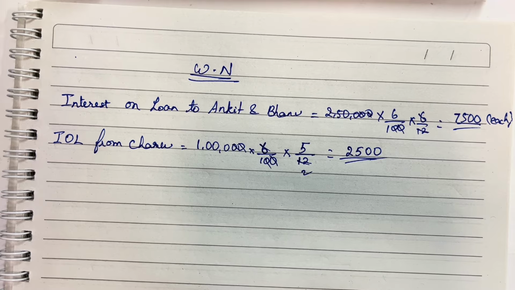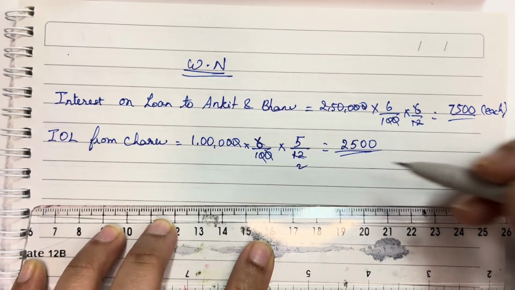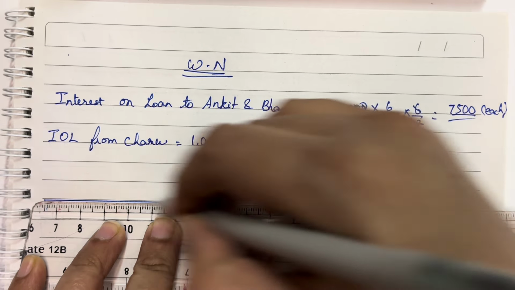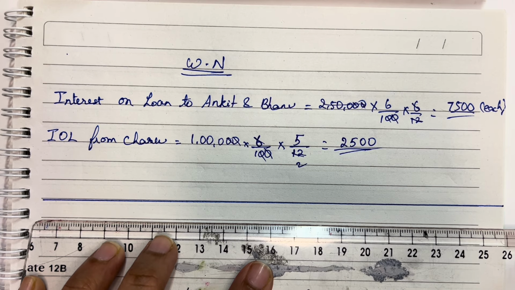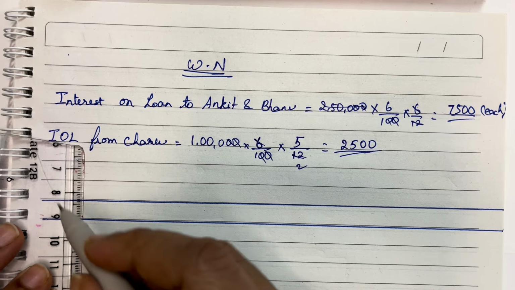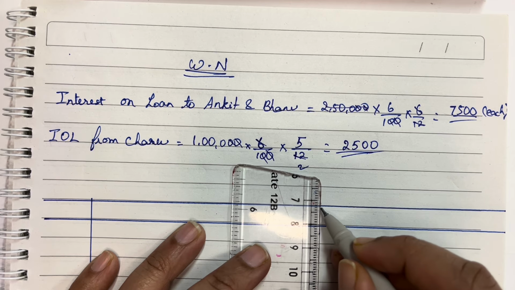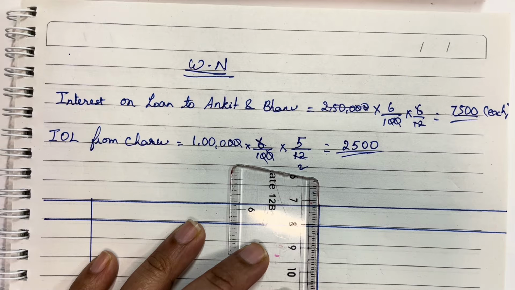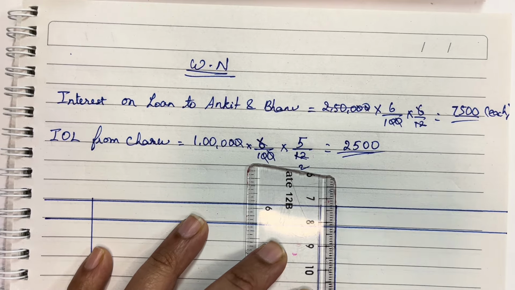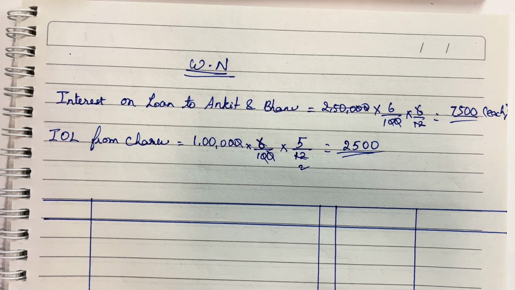Now let's start with our journal entries. We'll prepare the journal entry format. We need to leave place for writing the heading first, right? Yeah, date, particulars, LF, debit, credit.